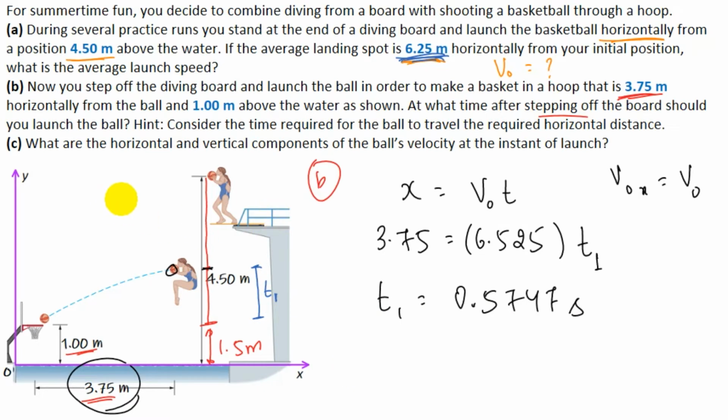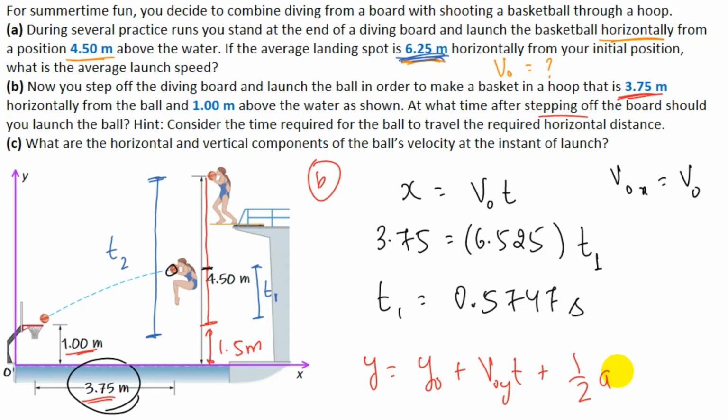Now next what we can do is find the time taken by you and the ball to travel this much distance vertically, right? So let this time be t2, and for that we can use the simple equation, which is y is equal to y naught plus v naught y times t plus 1 over 2 a t square. This is basically ay.